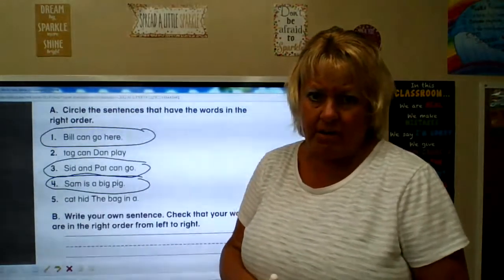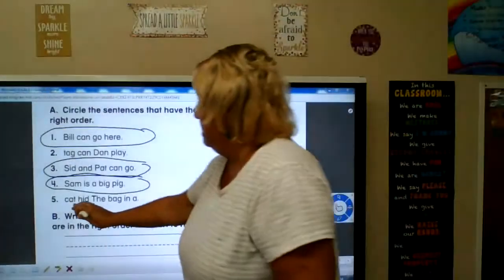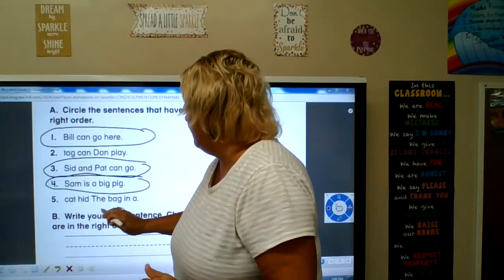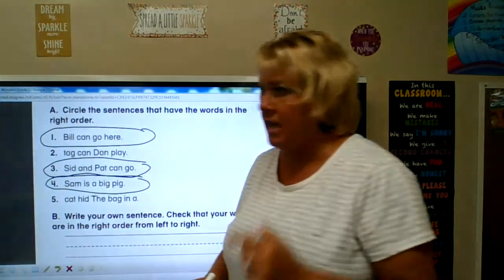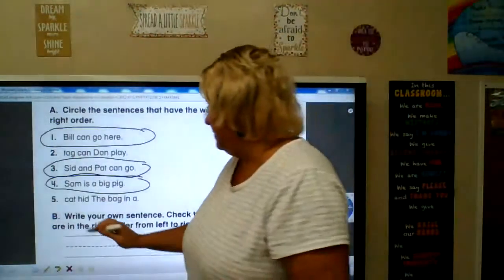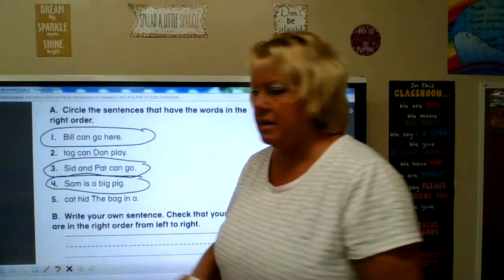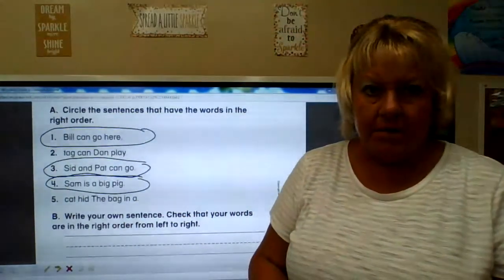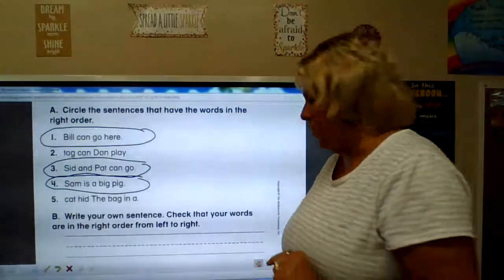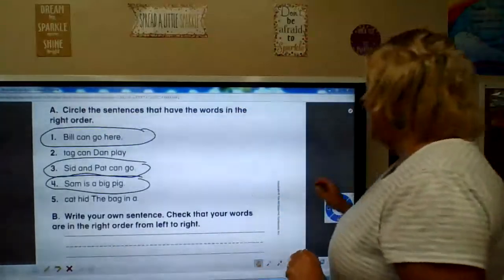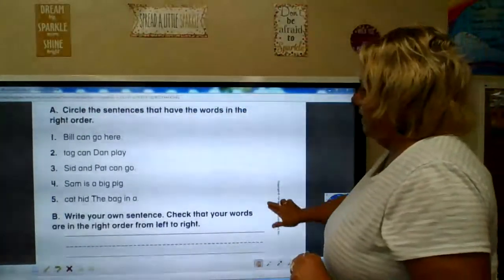Should I circle it or no? Does it start with a capital? It does have a period. Does it make sense? No. So I'm not going to circle that. Okay, I hope you circled 1, 3, and 4 and not the other 2.